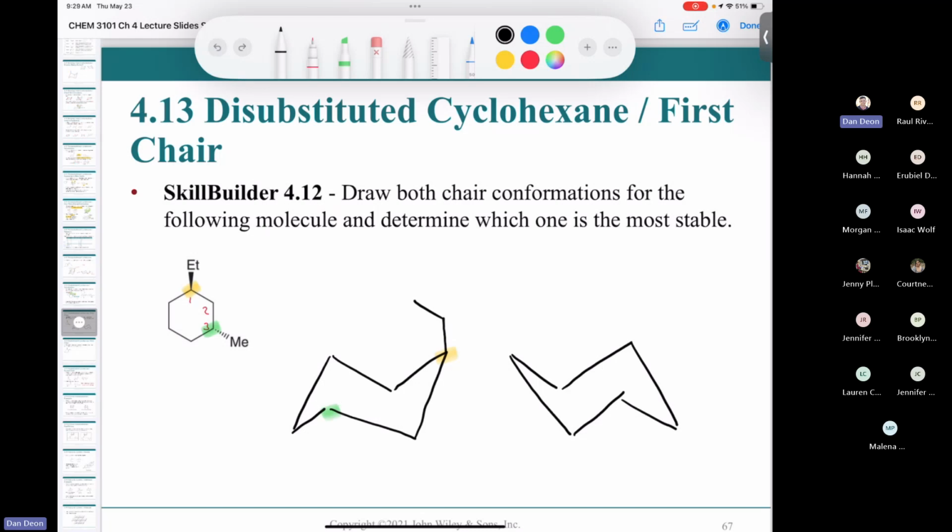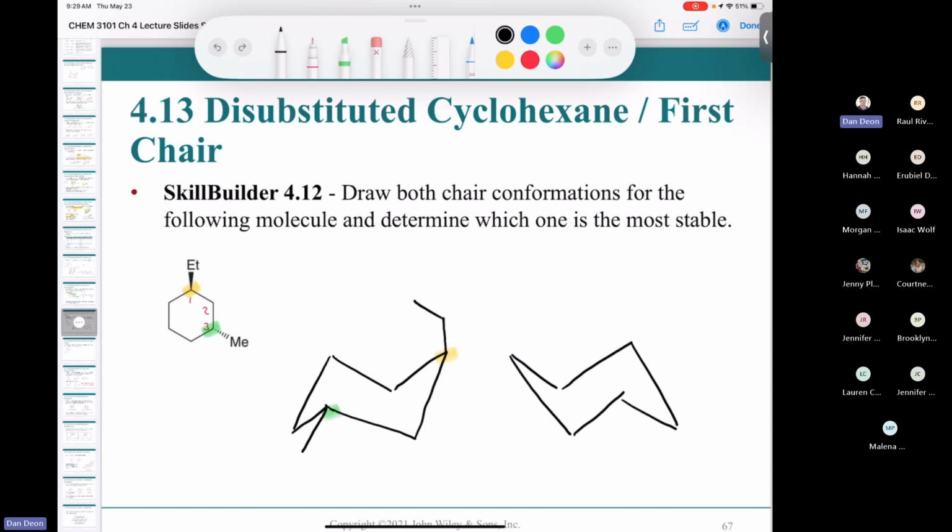Because remember, these two bonds where they meet right here are both on an upward trajectory, so the axial position is going to be going up, whereas the equatorial position is going to be parallel with this line and this line, and that's going down. So our methyl group is going to be going down and equatorial.